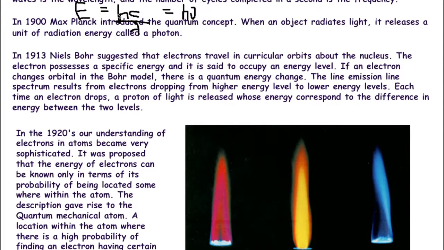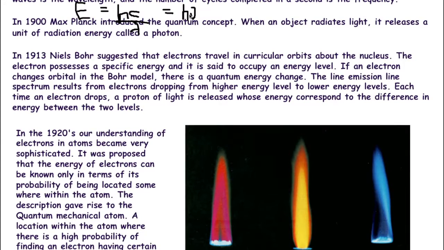And E is also equal to h nu. Okay? h is Planck's constant. It's a number. You can look it up. I think it's 6.64 times 10 to the minus 34 joules per second. c is the speed of light. Lambda is the wavelength of light, and so you can see that there's an inverse relationship.